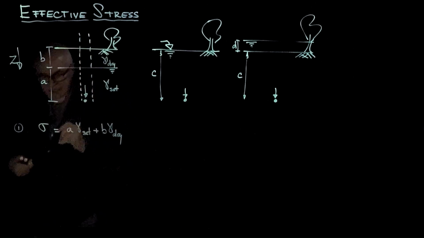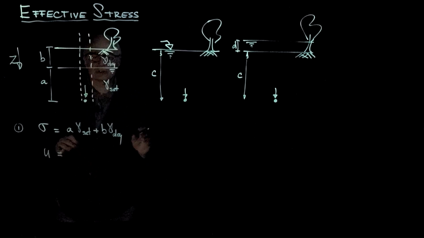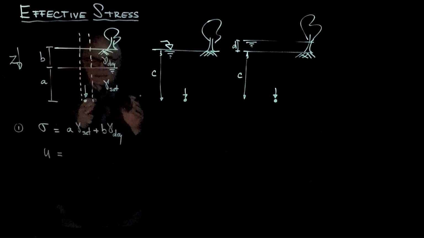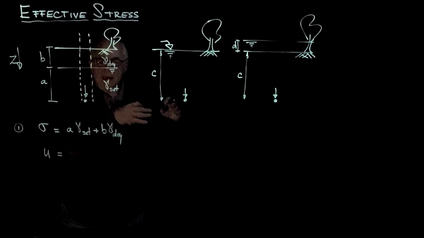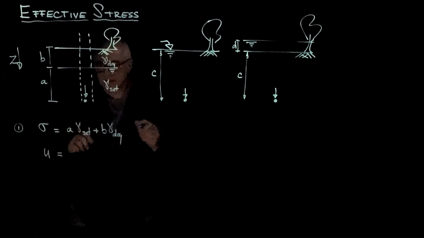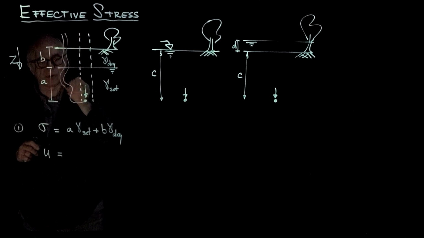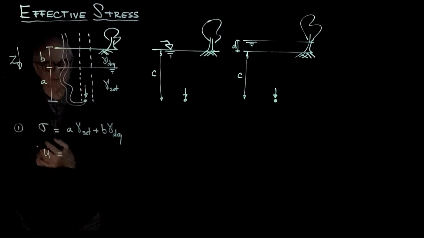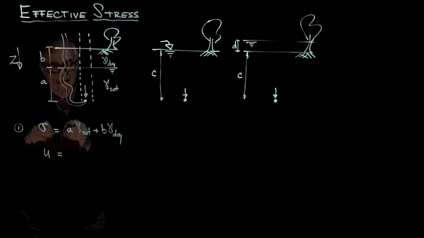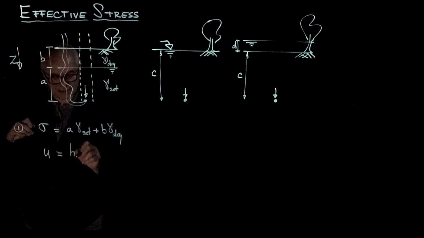Then we need to get the fluid pressure, the pore pressure U, and the pore pressure U, regardless of the system, whether it is hydrostatic, steady state seepage, caused by chemical reactions, it's always the same. Put a tube above the point and see how high the water rises in the tube. And the height of the water in the tube is the height in the piezometer times gamma water.